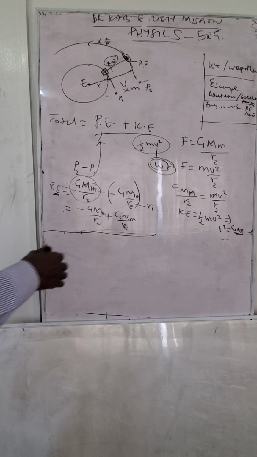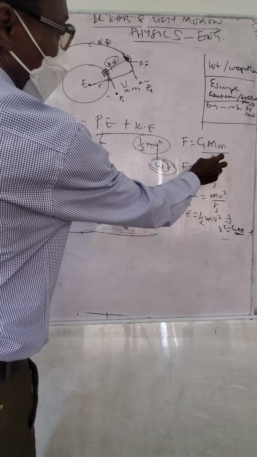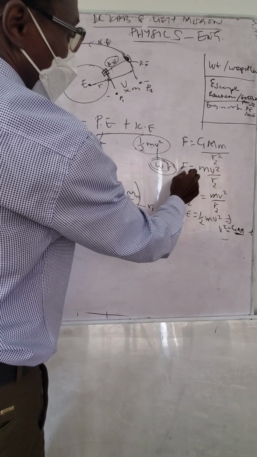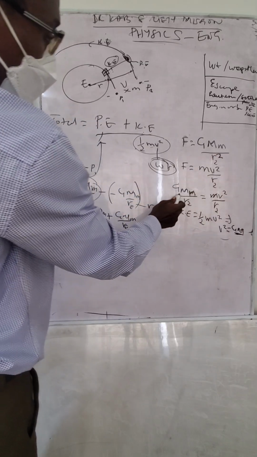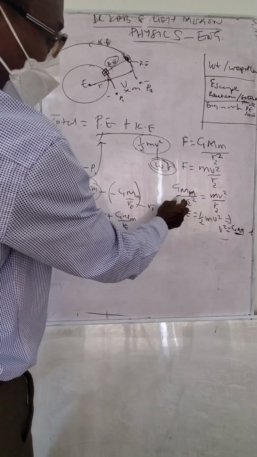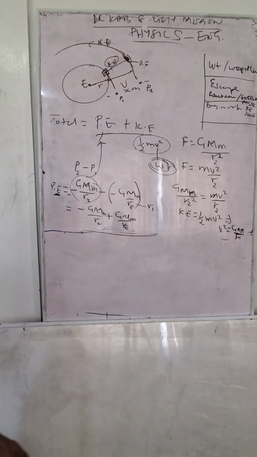So let's see what happens. Sorry, we didn't put our square here. This is square, but this is not square. So if you look at the two, this is going to be square here, so this is going to be v is equal to gm over r. That is gm over r.